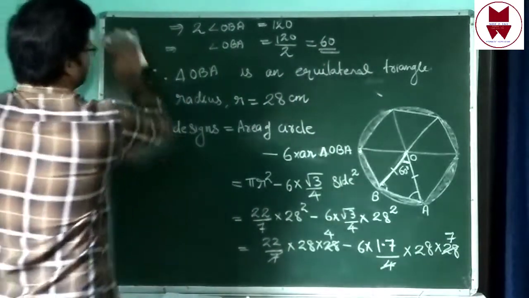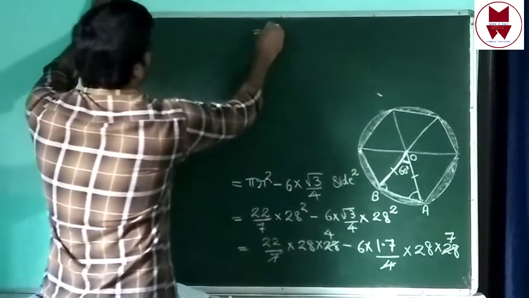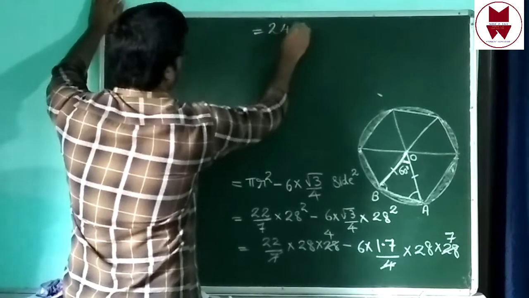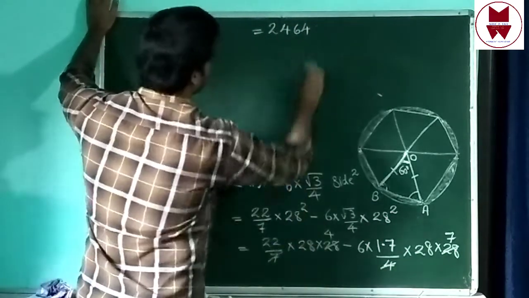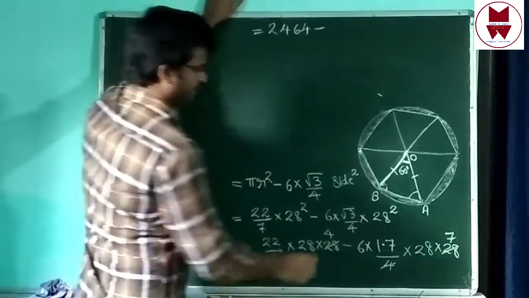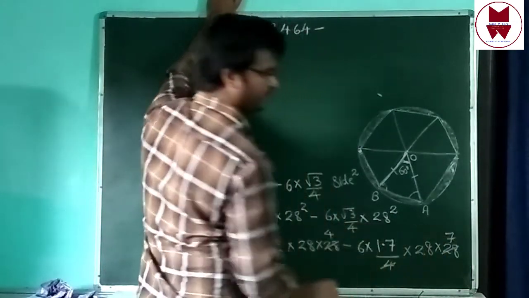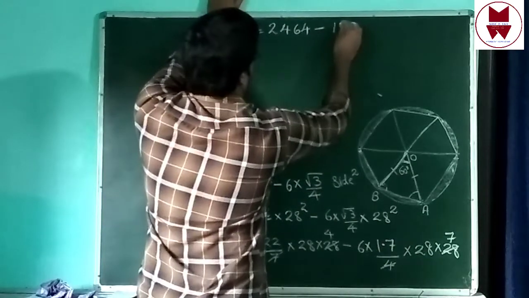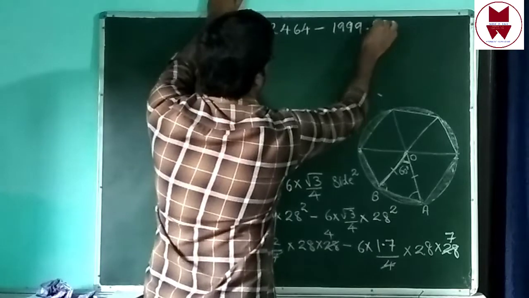If you multiply these numbers, you will get 2464: 22 into 28 into 4. And then next 6 into 1.7 into 28 into 7. If you multiply, you will get 1999.2.